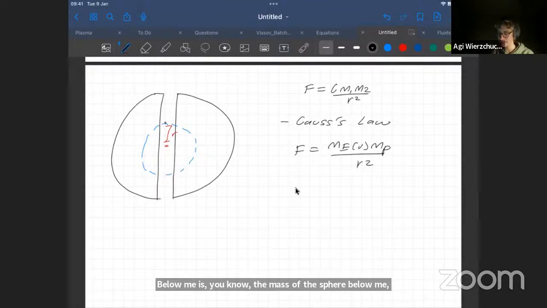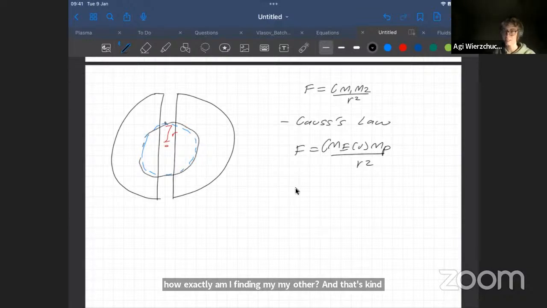So that's how I get this expression, because this is just the regular Newton's law. It's just how exactly am I finding my other mass, and that's what I'm telling you: this mass is going to be the mass enclosed by a sphere of radius r.